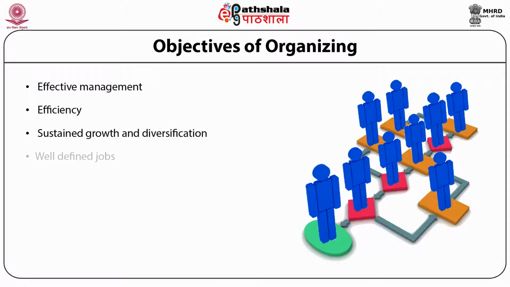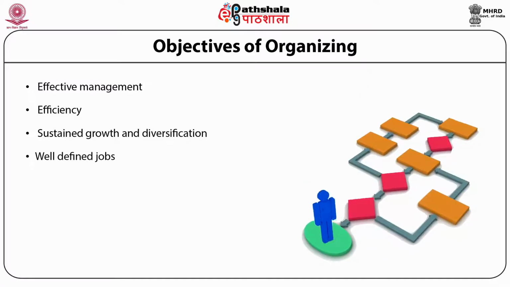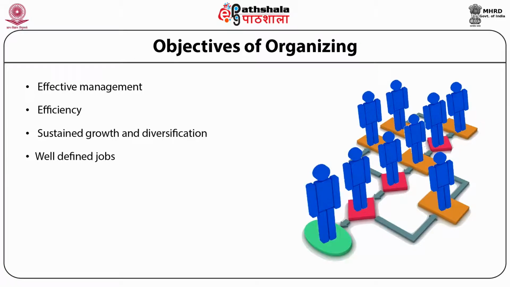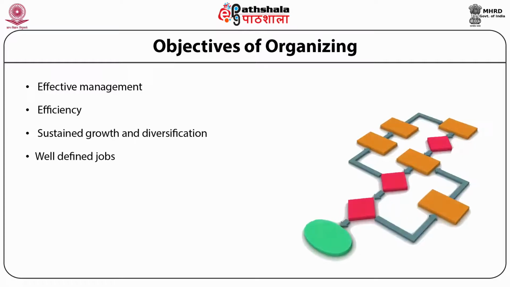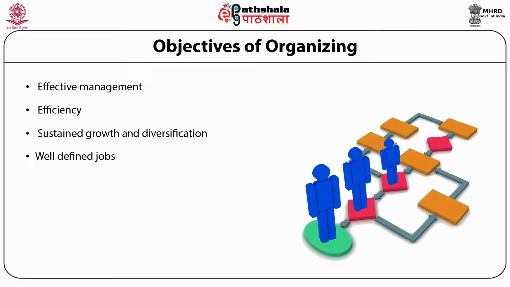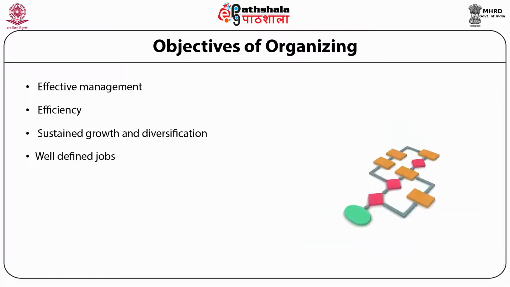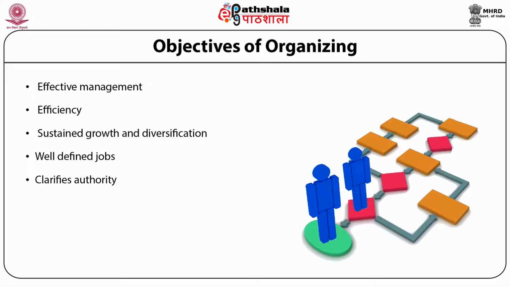Fourth is well-defined jobs. The role of organizing is to define the various positions in the organization and to establish relationships among them. It emphasizes posts rather than people. Organizing clarifies the role of every person in the organization. Fifth is clarifies authority.